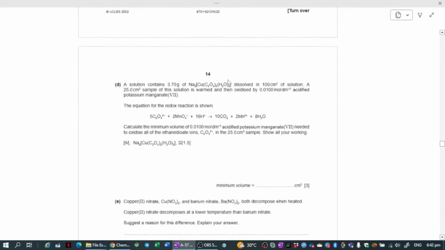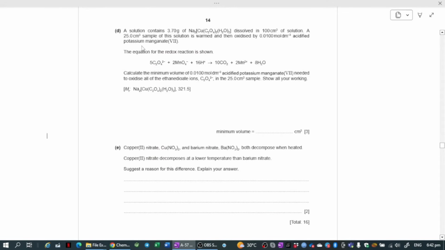Right? So moving on to part D, it tells us here that a solution contains 3.70 grams of this sodium salt dissolved in 100 cubic centimeters of solution. A 25 cubic centimeter sample of the solution is warmed and oxidized by 0.01 molar acidified permanganate. The redox reaction is shown.